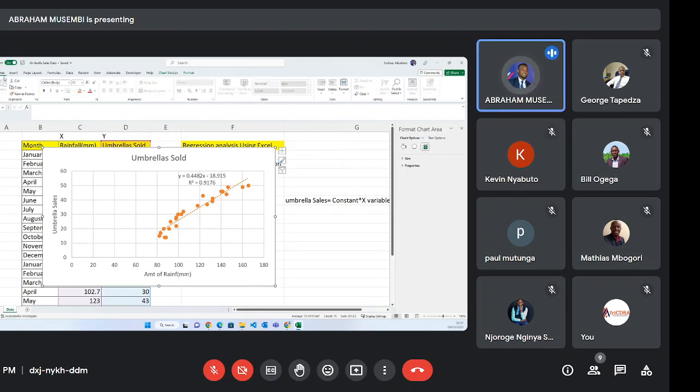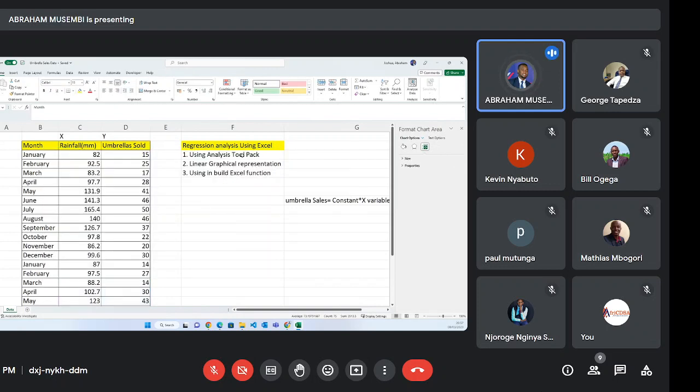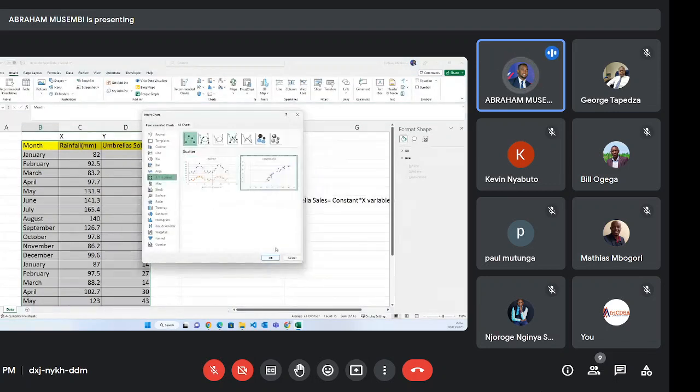So let me undo that. I can just do the whole thing. So we go to charts, then scatter plot. Under scatter plot, we will see the one that gives us the linear relationship, so we'll select that one.